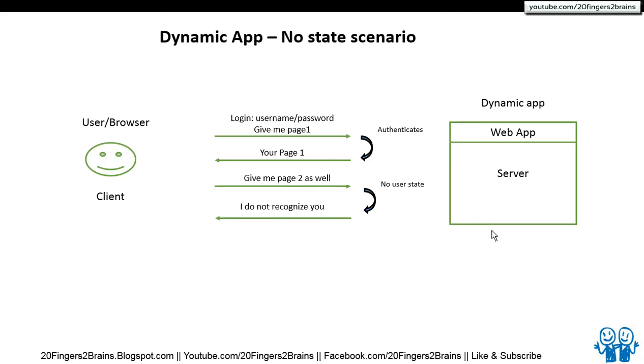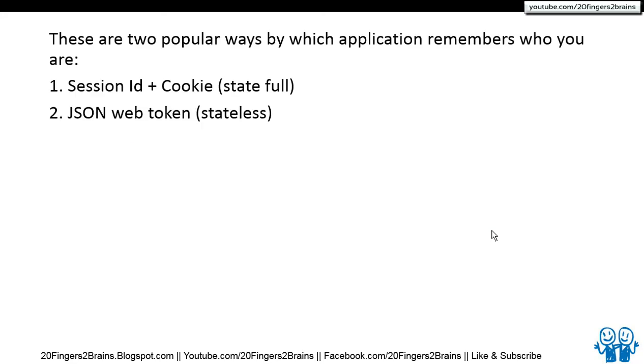So we'll solve this problem of no state by having a mechanism. We'll discuss two popular mechanisms: session ID plus cookie, which is stateful, where the state is maintained at the server side, and the JSON Web Token approach, wherein the state is not maintained by the server side.